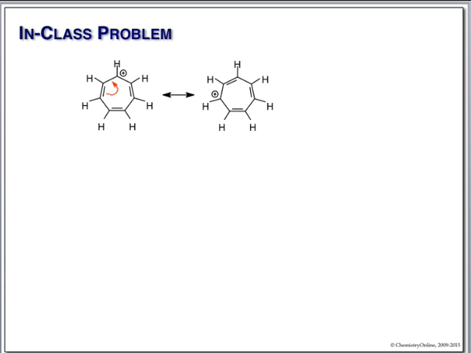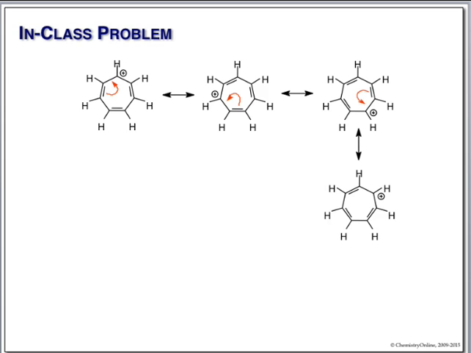Now we can do that again. We can grab this electron pair, move it up, and move our positive charge down to here. We can grab this electron pair, move it in, and our positive charge is now here.